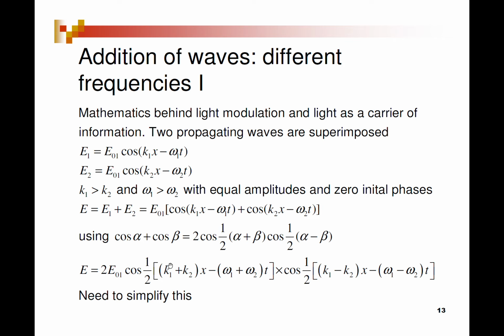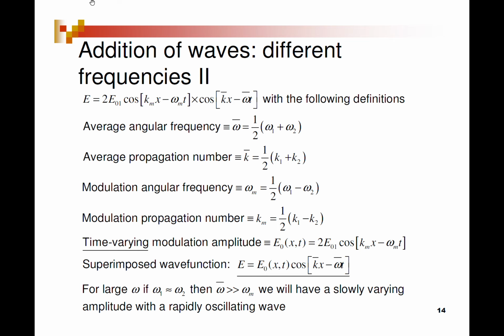And then we have two different waves with different wave vectors, k1 plus k2, k1 minus k2, and different frequencies, omega 1 plus omega 2 and omega 1 minus omega 2. So we just have k bar and omega bar, km and omega m.